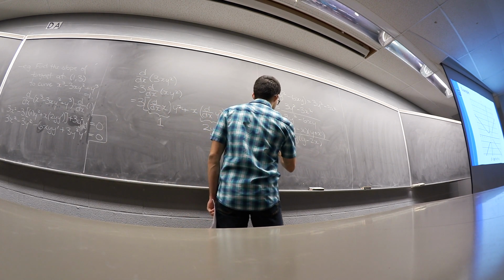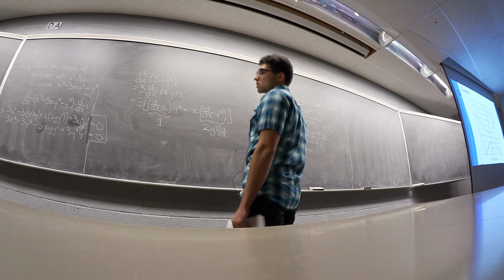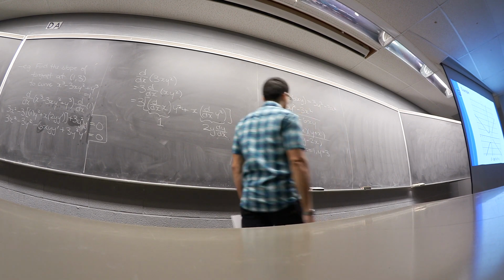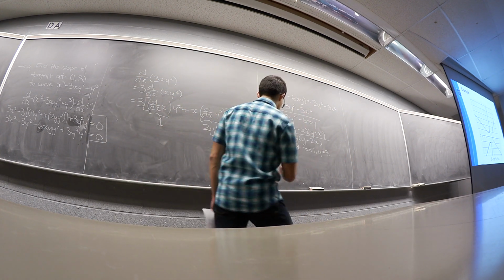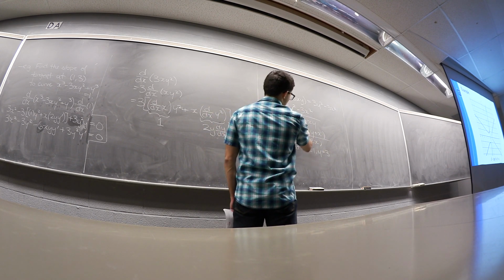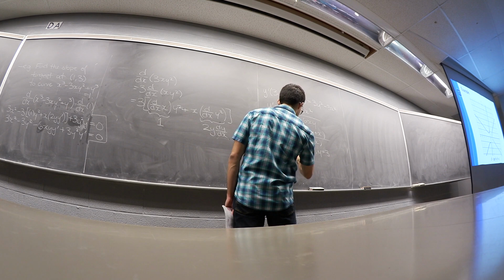Okay, and then we evaluate that at x equals 1, y equals 3. What do we get? 3 minus 1 is 2. 3 plus 1 is 4. 8 up top.